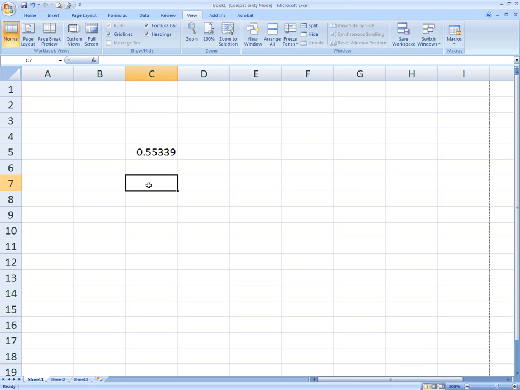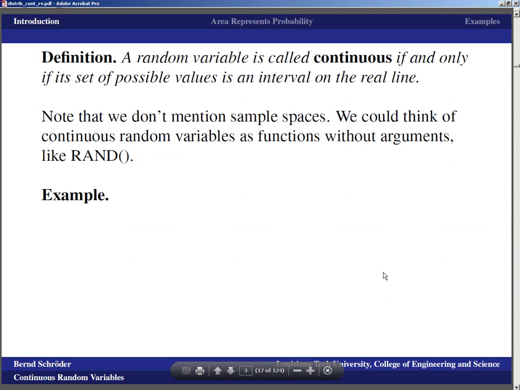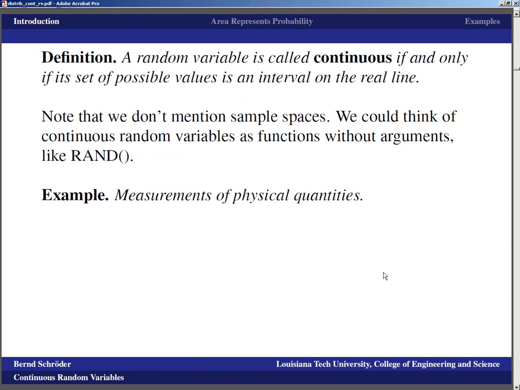And this is a function that whenever it's queried, query just means that whenever something changes here in the spreadsheet, the function will return a new value. So whenever that function is queried, it returns a random number. And so in some ways, the function rand then, at least in principle, is similar to a measurement of a physical quantity, because if you will, a measurement of a physical quantity also doesn't have an argument, right?